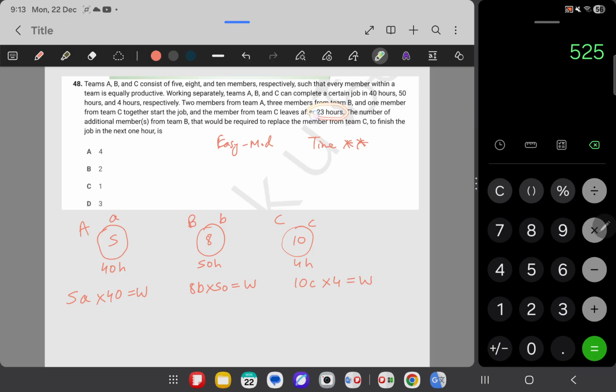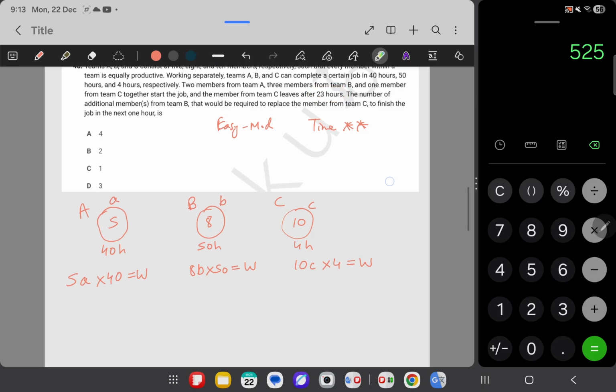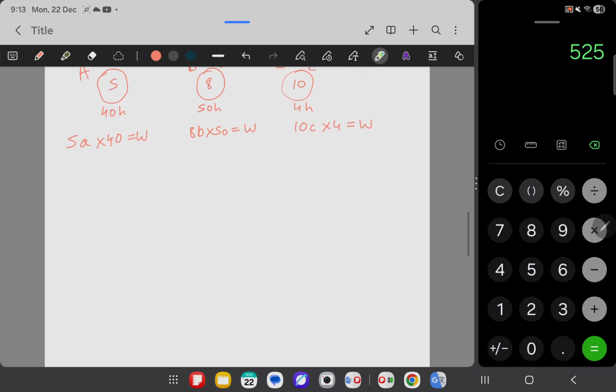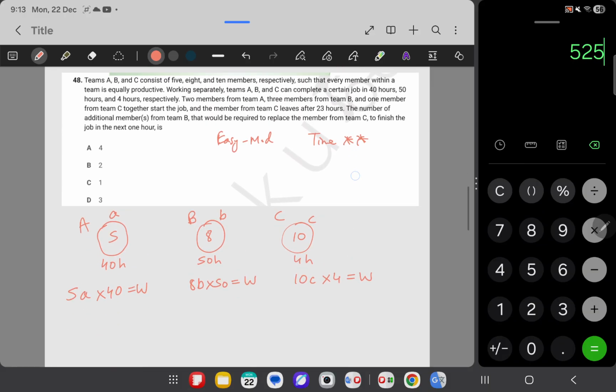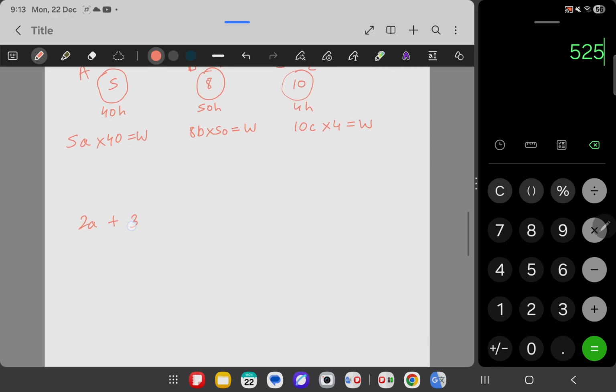But till 23 hours all were working. So 2A, 3B and 1C. Okay, so I will write here 2 members of A, 3 members of B with capacity B and 1 member of C with C capacity. These were working for 23 hours.